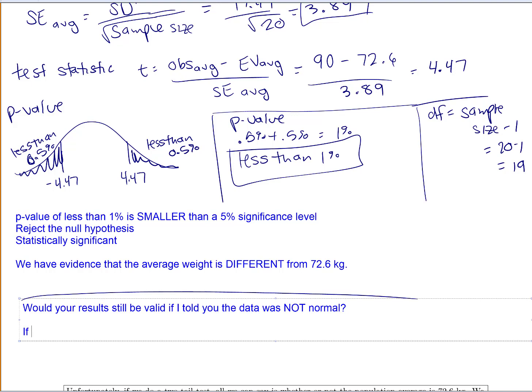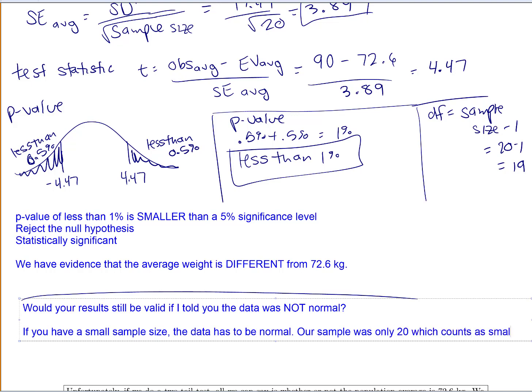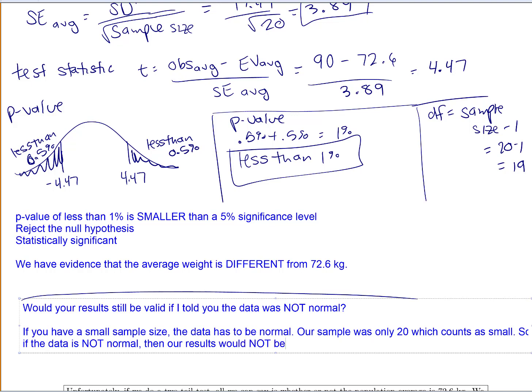Well, if you have a small sample size, the data has to be normal. Our sample was only 20, which counts as small. So if the data is not normal, then our results would not be accurate, because our sample size isn't big enough to make the central limit theorem kick in. So if the data is not normal, your results aren't accurate.